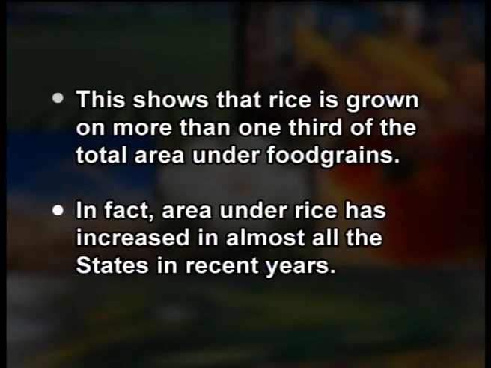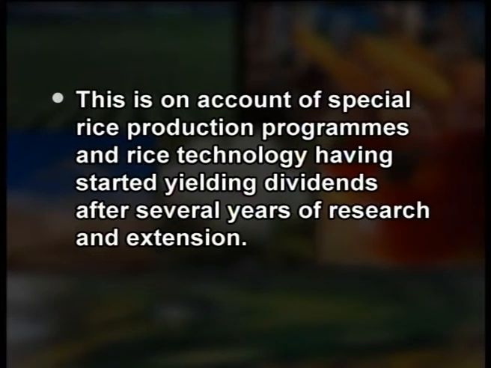In fact, area under rice has increased in almost all the states in recent years. This is on account of special rice production programs and rice technology having started yielding dividends after several years of research and extension.